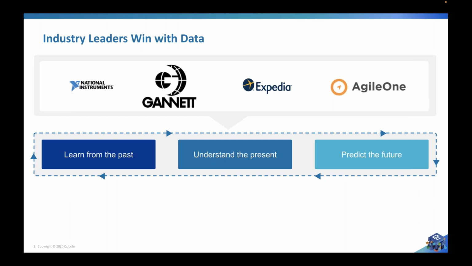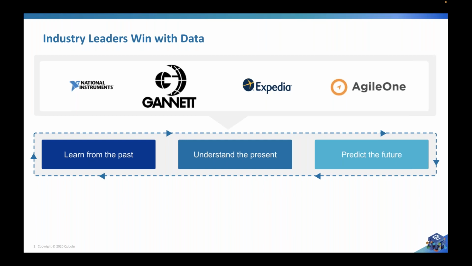What they have been doing is learning from the past, doing historical analysis using visualization tools like Power BI and Tableau, where you analyze the data stored in your data warehouse.